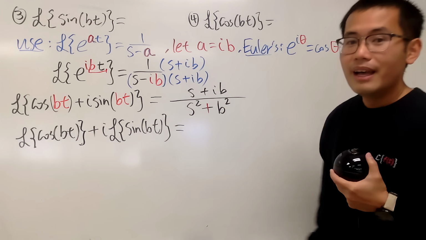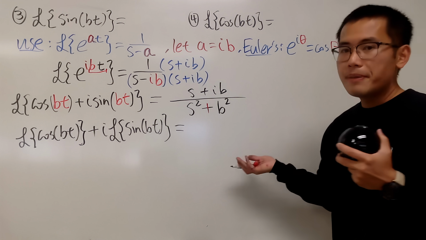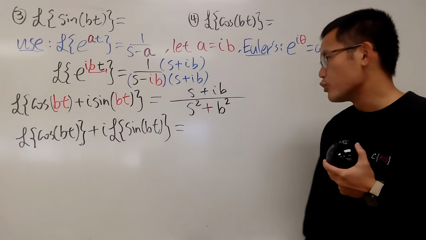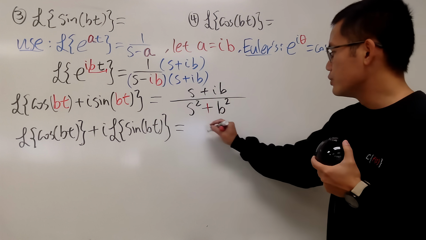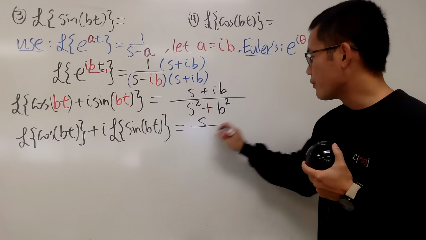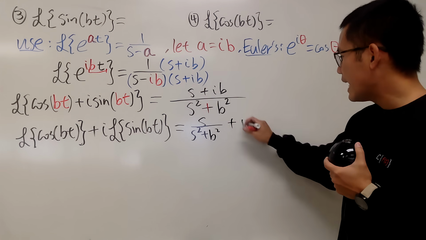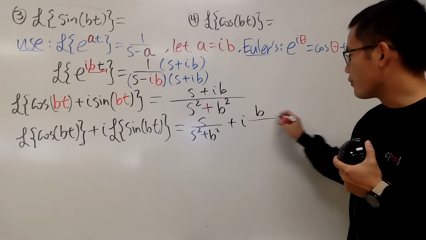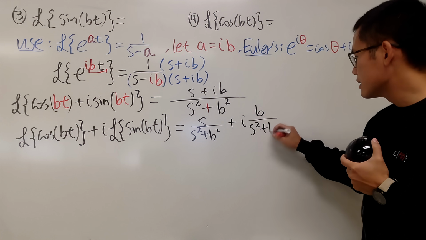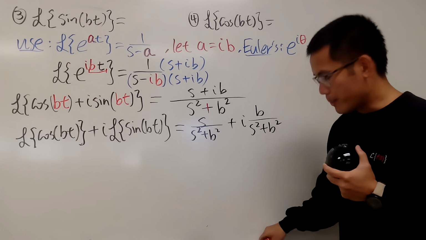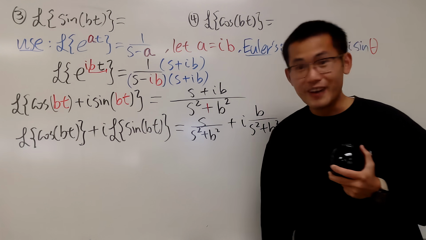Here we go. All right, and on the right-hand side, we can do the same thing. We have the real part and also the imaginary part. The real part is just this, which is the following, s over s squared plus b squared, and then plus i times b over s squared plus b squared. And now we'll play the game. The game is called mix and match. Very fun.